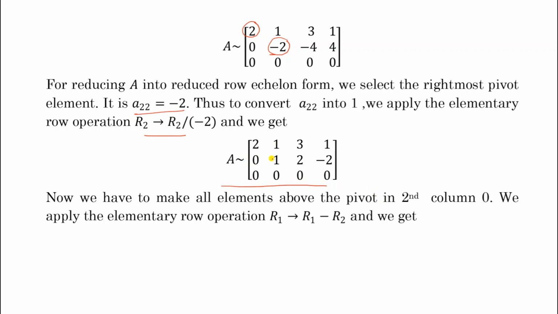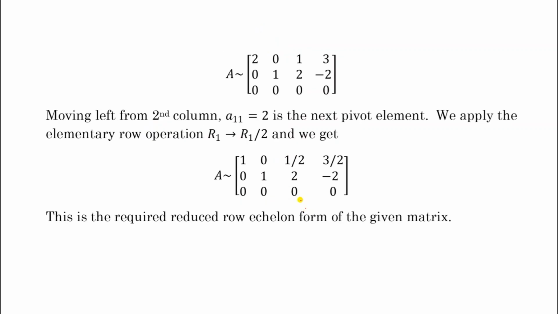Now we have to make all elements above the pivot in the second column 0. This is the pivot and we have to make this element 0. For this you can apply R1 minus R2. If you apply this, you will get this matrix. Now this column is in perfect order. This is 0 1 0.